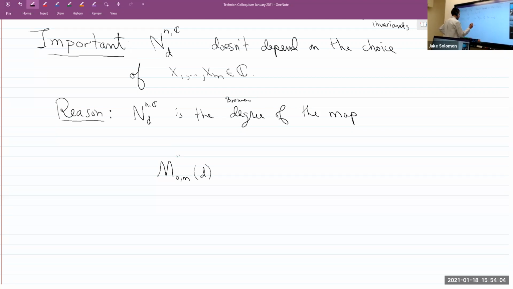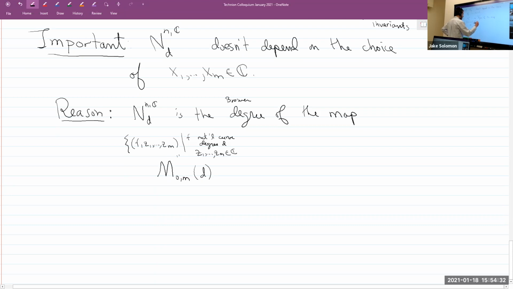So this M_{0,m,d} is going to be the space of tuples (f, z_1, up to z_m), where f is a rational curve of degree d, and z_1 up to z_m are points in C, let's say distinct, up to Mobius equivalence.